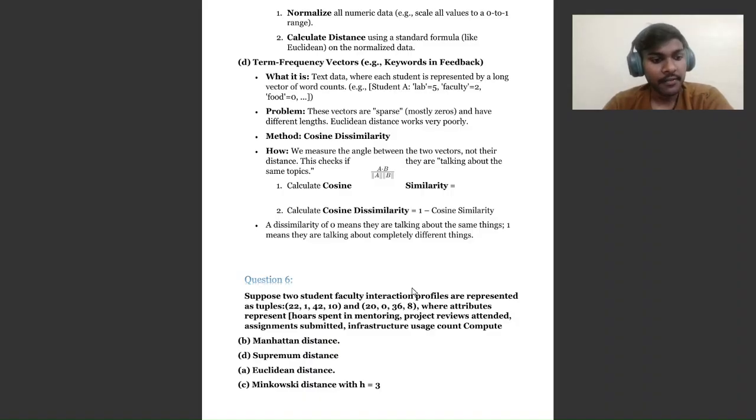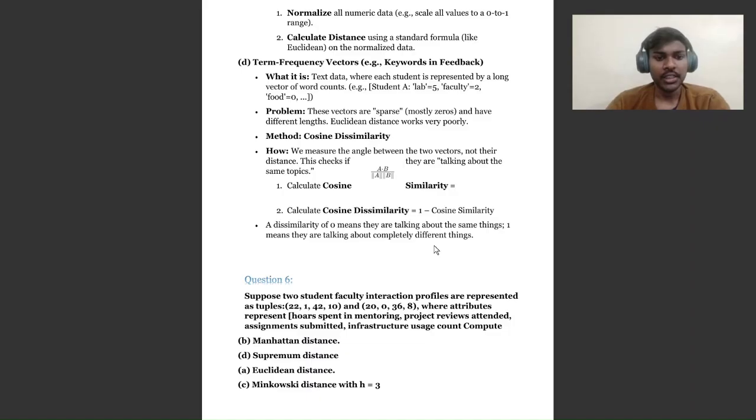So instead of that, we use cosine dissimilarity. We compute cosine similarity using the angle between the vectors and then convert it into dissimilarity by subtracting from 1. A value close to 0 means students express similar topics. A value close to 1 means their feedback was very different.